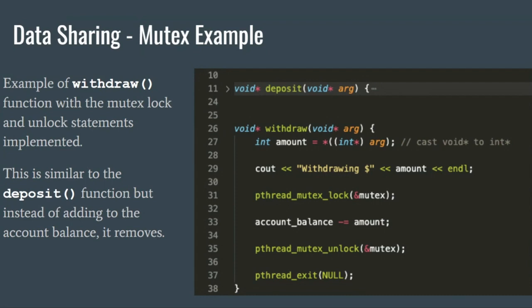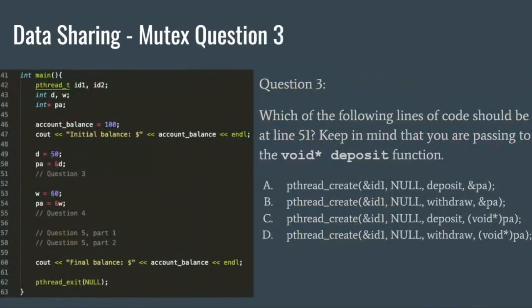Unlike the deposit function from the questions we just had, it just removes from the balance instead of adding to it. Keeping in mind what you just saw, which of the following lines of code should be at line 51? Keep in mind that you're passing to the deposit function, not the withdrawal function.